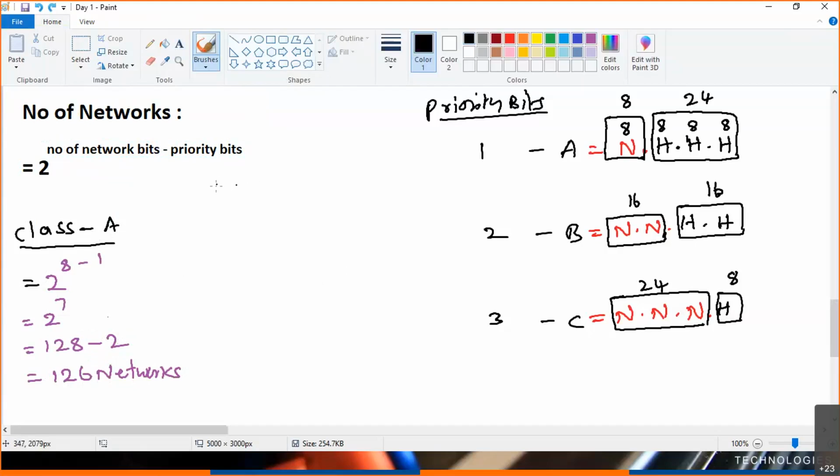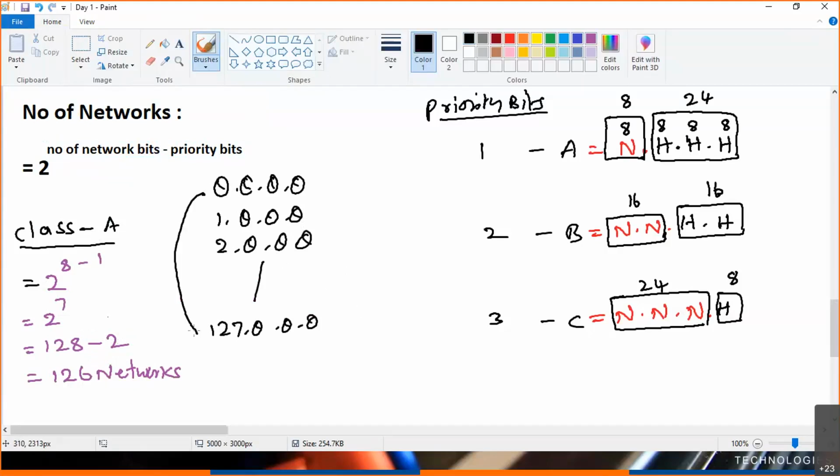Class A range is 0.0.0.0, 1.0.0.0, 2.0.0.0, like that up to 127.0.0.0. So 0 to 127 is the class A range, right? The very first one, 0.0.0.0, is not usable for your LAN and WAN. This is reserved.